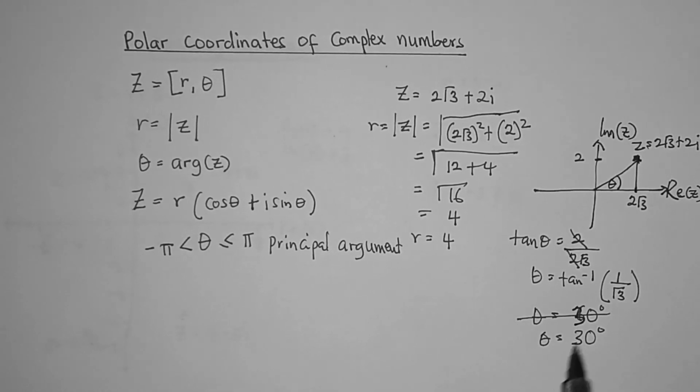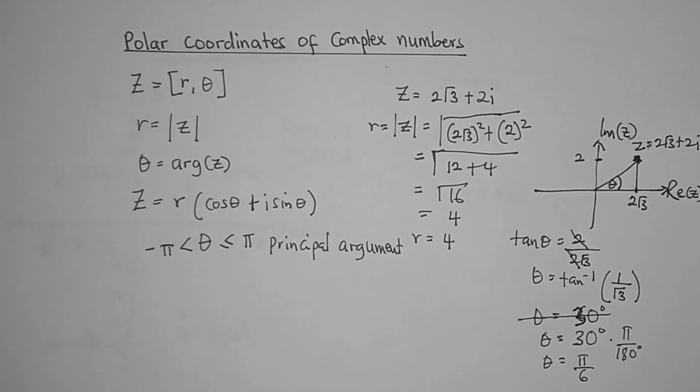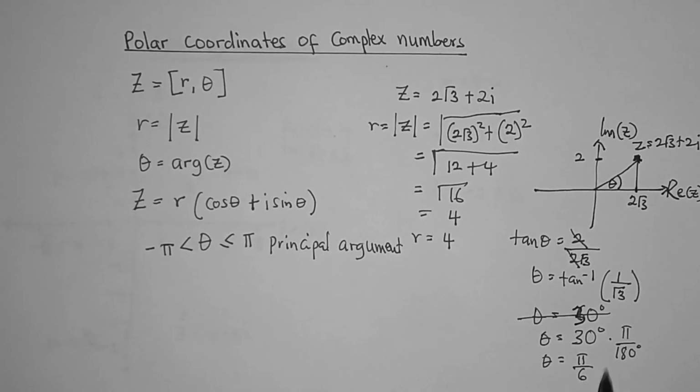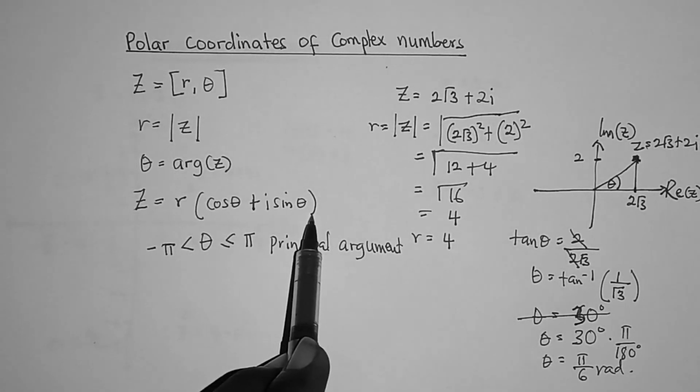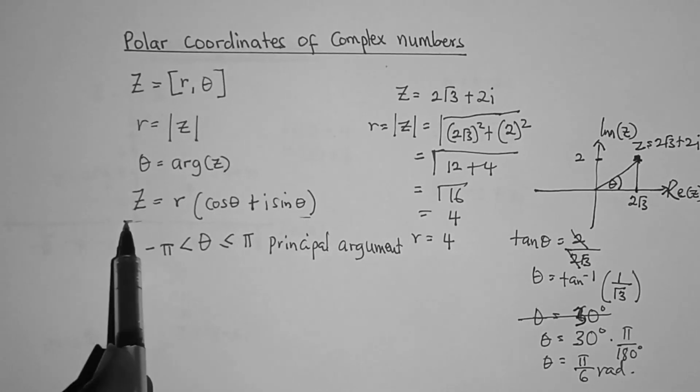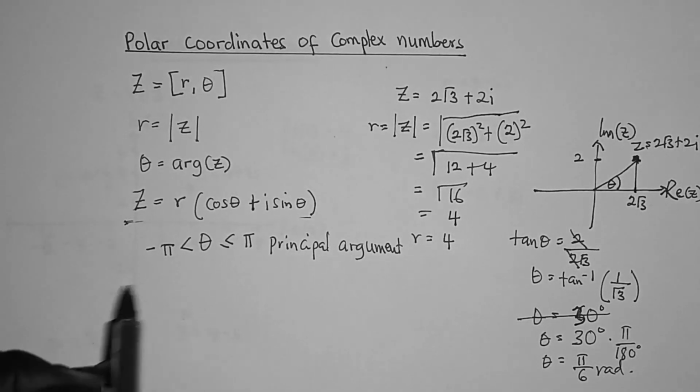Now, the next thing is to convert this 30 degrees into radians. And 30 degrees is the same as theta equals pi over 6 radians, because we need to just multiply this by pi over 180 degrees. So if you multiply this by pi over 180 degrees, you get pi over 6. Having gotten theta, the value of the argument, we will then put it in this equation to find z in polar form.